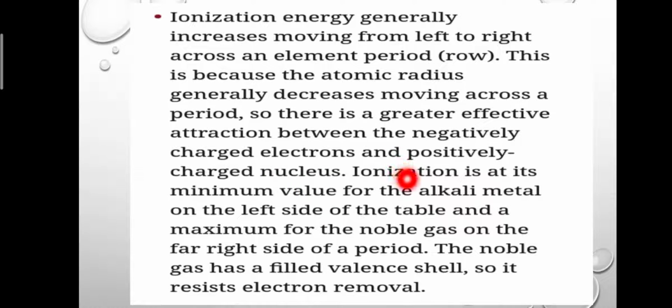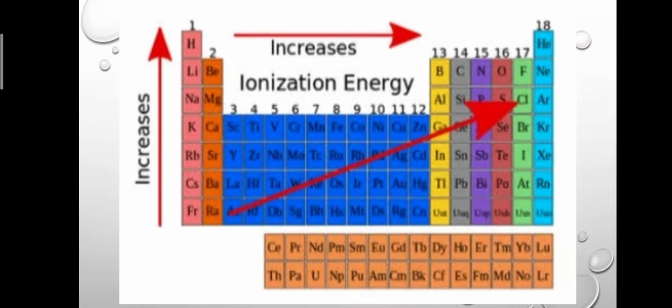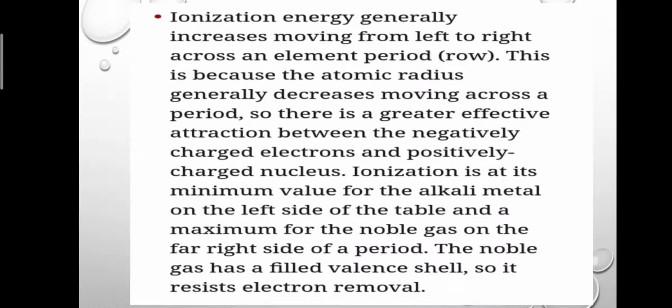Ionization energy is at its minimum value for the alkali metal on the left side of the table and a maximum for the noble gas on the far right side of the period. The noble gas has a filled valence shell, so it resists electron removal.